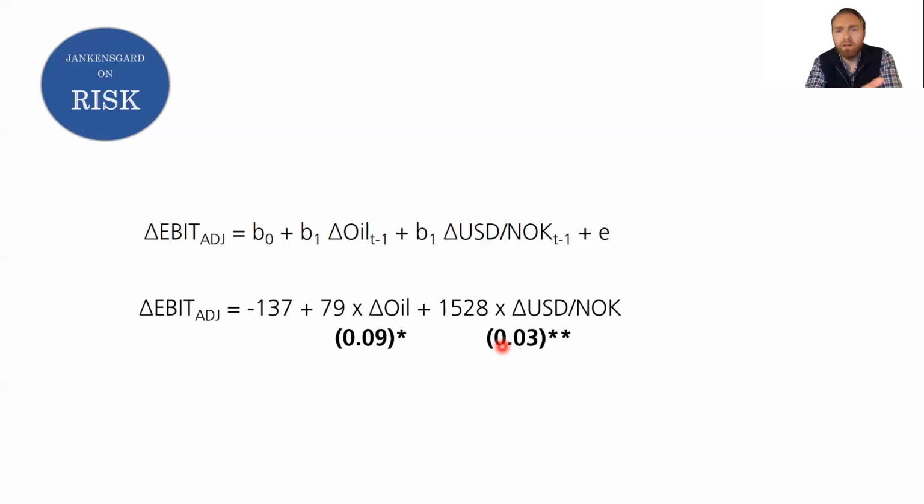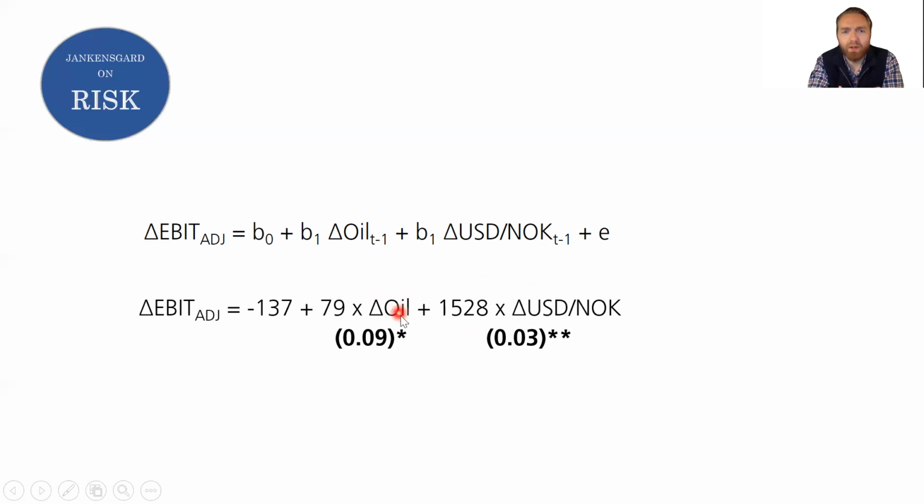But looking at these coefficients, the magnitude is vastly different, right? So you may wonder, what do we make of that? Is the dollar versus NOK that much more important? No, that's not really what we're saying, because the scale is different here. This is measured in dollars.